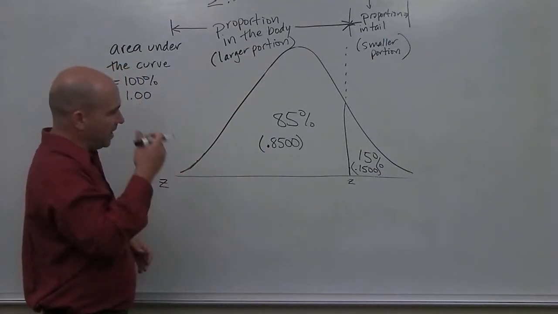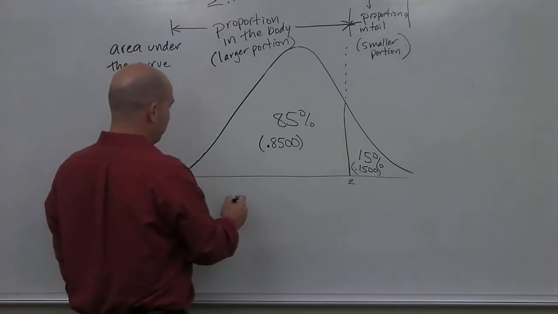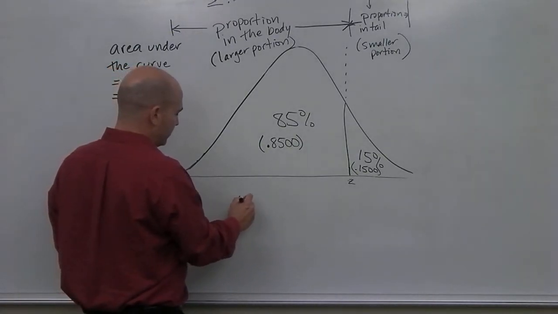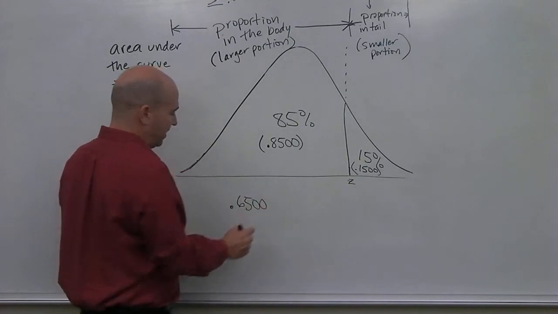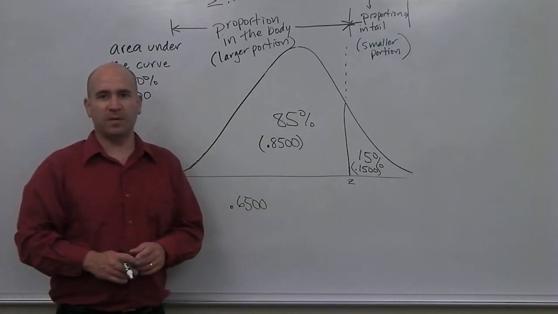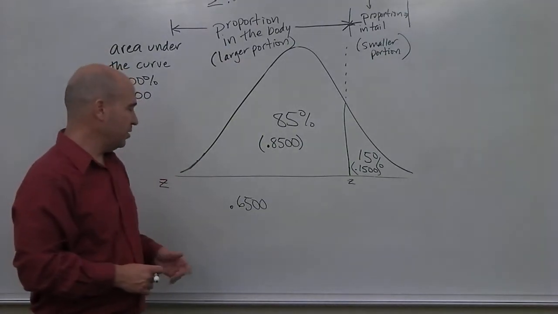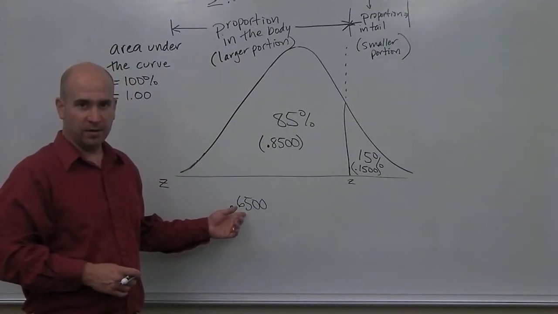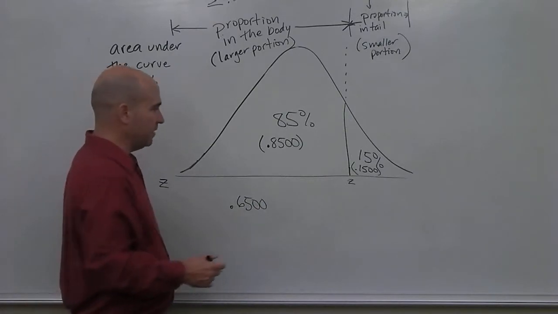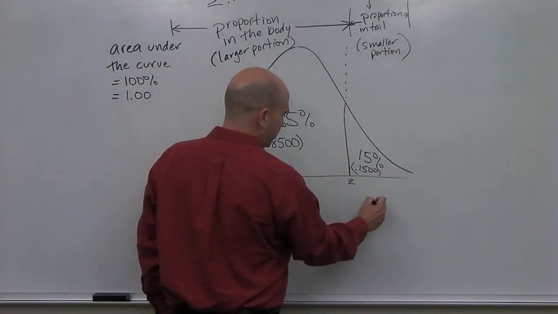So if I had a few examples here, and my proportion of the body was 0.6500, then you should be able to determine what the proportion of the tail is. You could subtract this from 1, or 1 minus 0.65, and that would give you 0.3500.